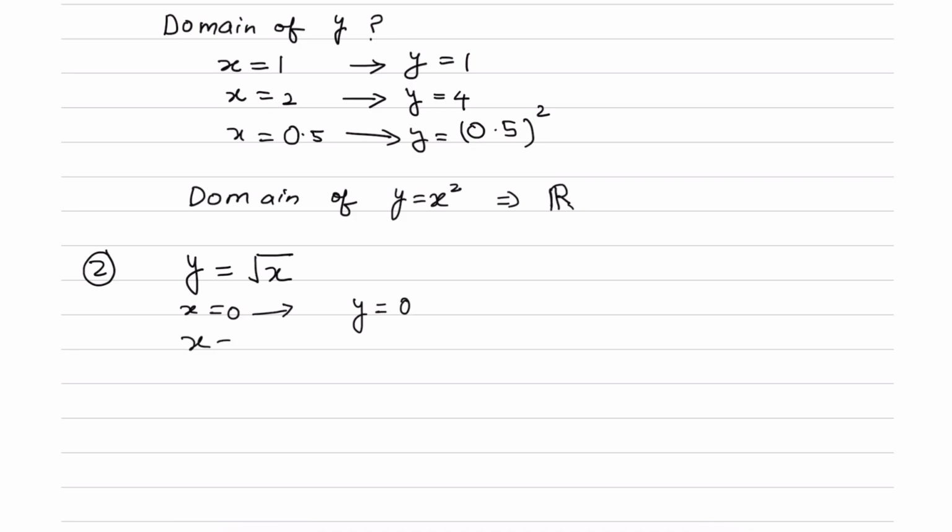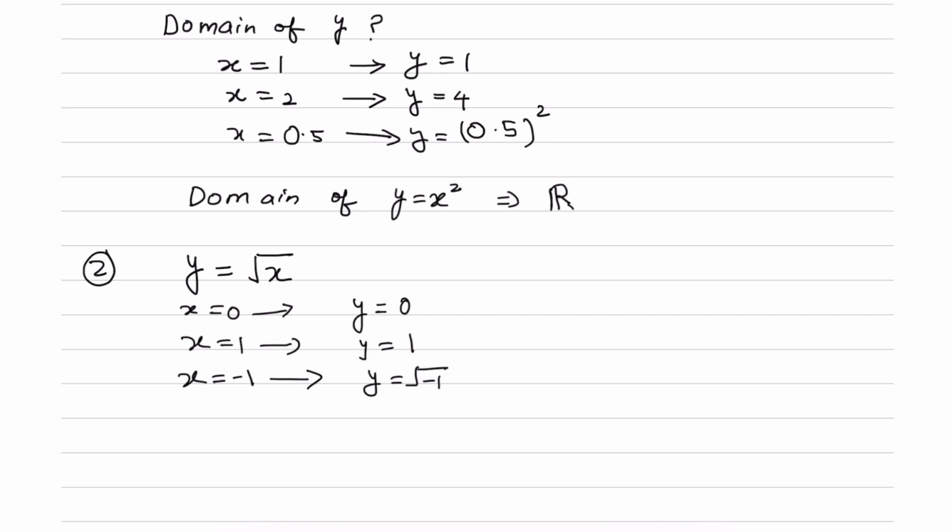If I take x equal to 1, I get y as 1. But if I take x as a negative number, x equal to minus 1, I get y equal to square root of minus 1. In this case, when x was a negative number, I got a complex output.